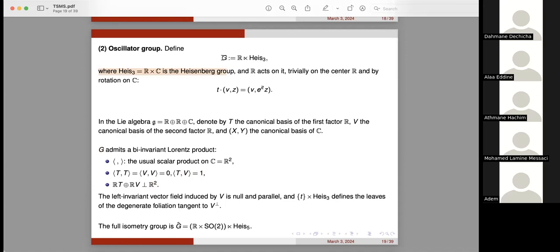So the full isometry group will be bigger than J. It's J times J, the quotient of this by the diagonal of the center, and I get exactly something like this. So J here is a Lie group inside this bigger group, on which I have a plane wave metric.